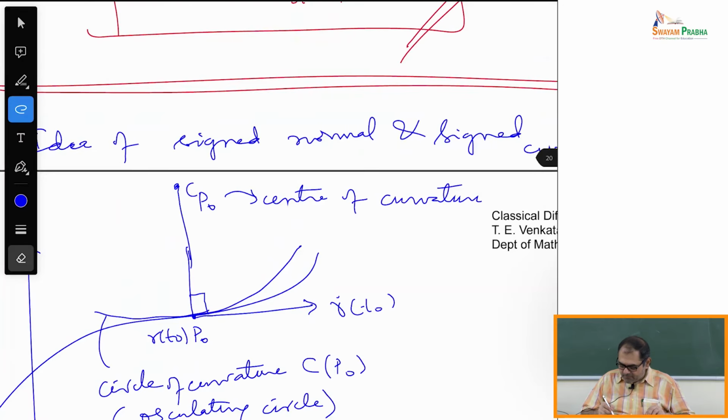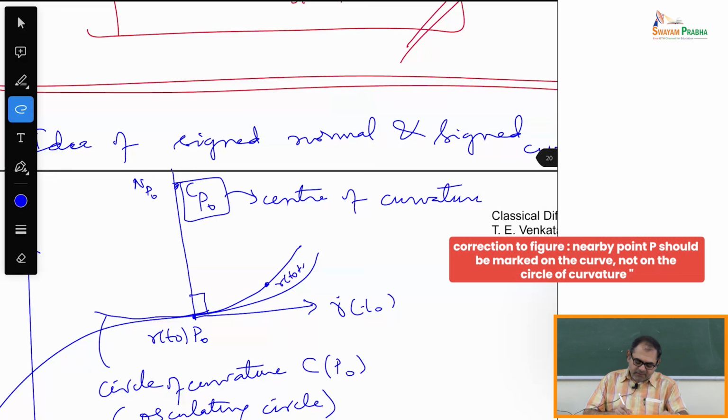Let me draw this a little better. Here is a normal line, the normal line at p naught. How did we get this point? We took a nearby point, gamma of t naught plus delta t, and drew the normal at that point.